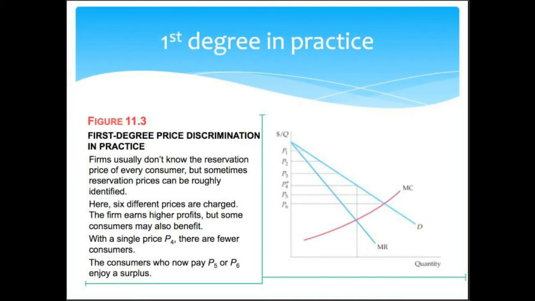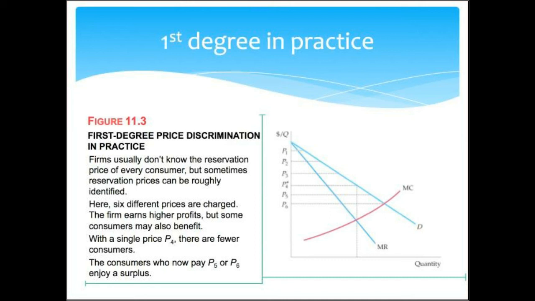But there's now going to be some consumer surplus left on the table, that even the people paying the price P1, the highest price, they got some consumer surplus. But it's a way of, again, charging different prices in different price categories. And this is, again, a way of serving more customers than you would otherwise see.